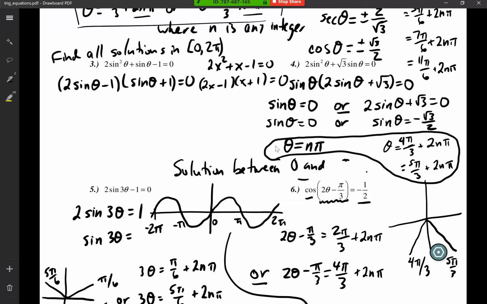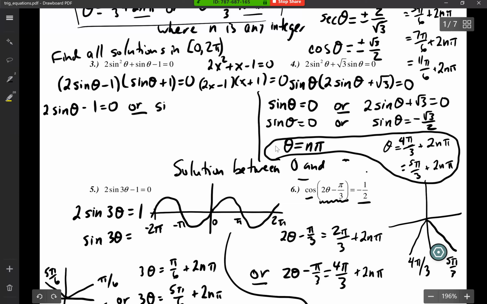All right, so then just like what we did in the previous problem, we're going to set each piece equal to 0. So we have 2 sine of theta minus 1 is equal to 0, or sine of theta plus 1 is equal to 0.